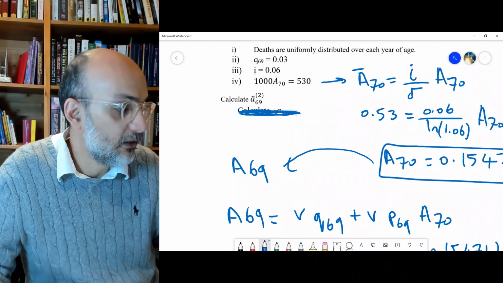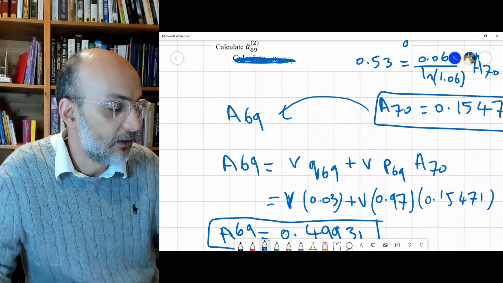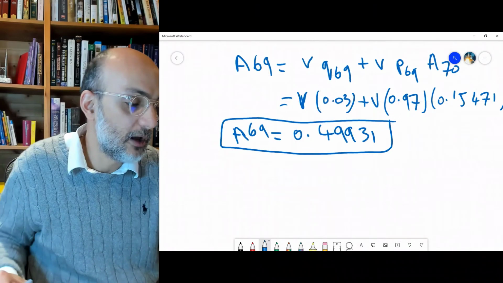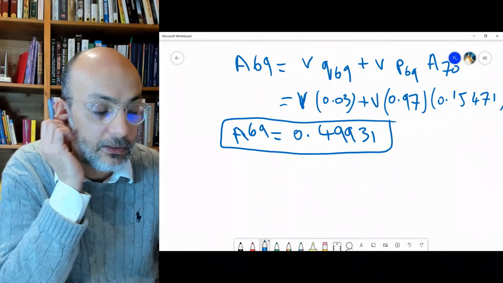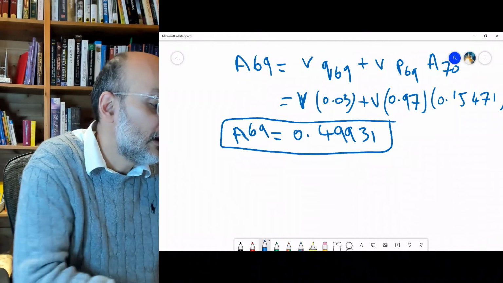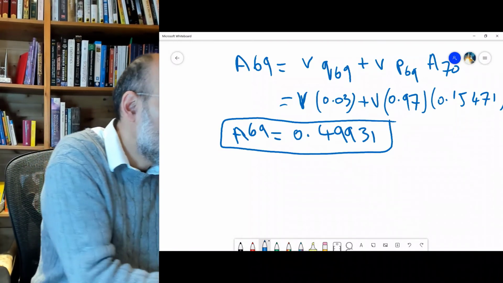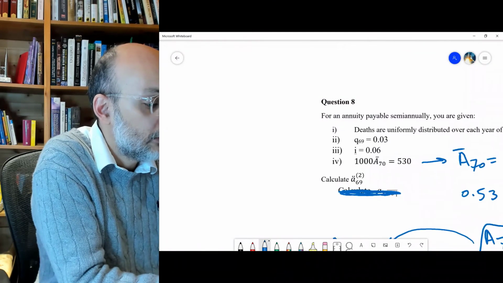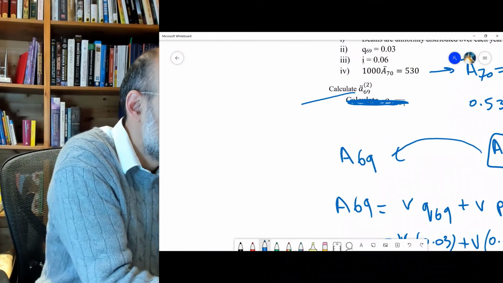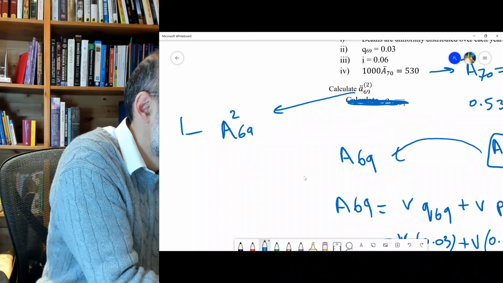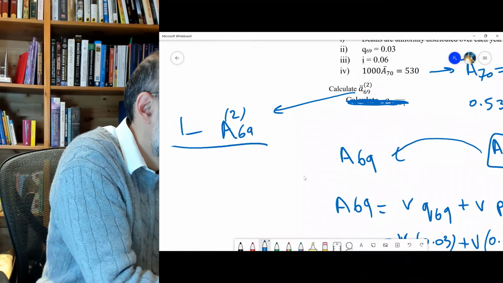But remember we need the one with the accent and with the 2 dots on top of it with the number 2 to say that it's payable semi-annually. Now we need to go from A69 to this, because if we want to know where we're heading, this one is equal to 1 minus A(2)69 over d(2).